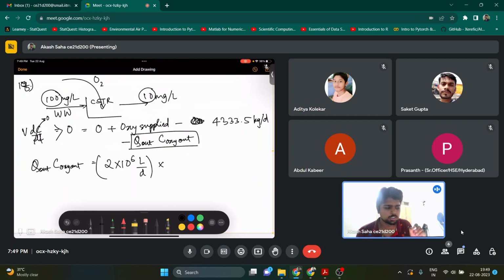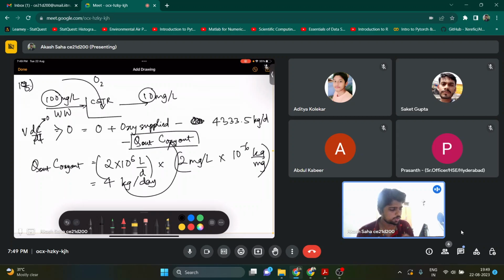In the question it was given. If we change milligram to kg, it will be 10 to the power minus 6 kg per milligram. Directly substituting, we will get 4 kg per day. So my Q out into C oxy out will be 4 kg per day.